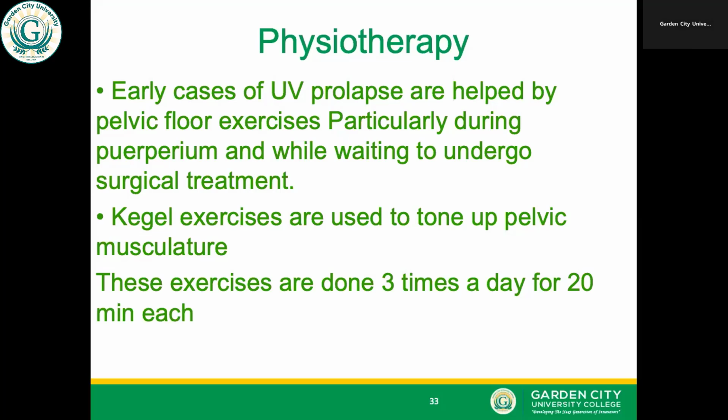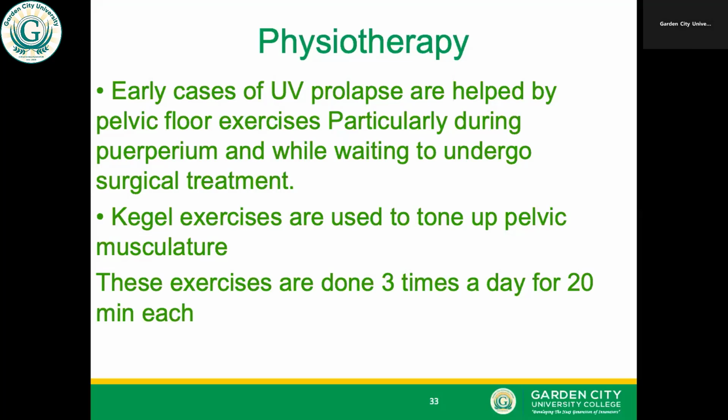So during puerperium, you also encourage the woman to do pelvic Kegel exercises so that the uterus and the lower abdominal organs can go back to their normal state and get back their tone. These exercises are done 3 times a day for 20 minutes each.